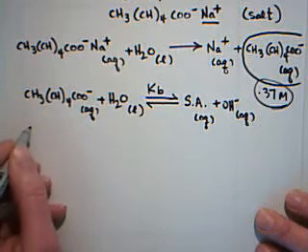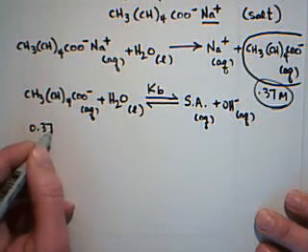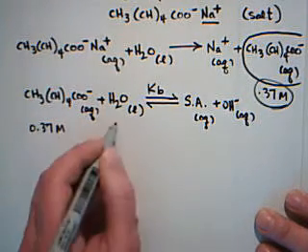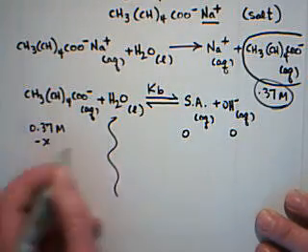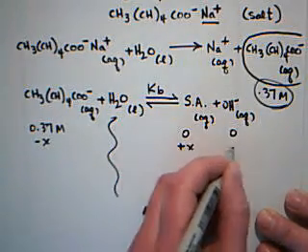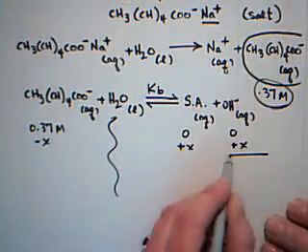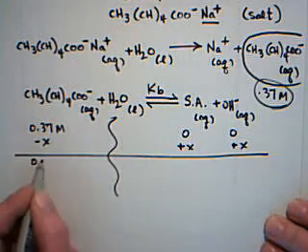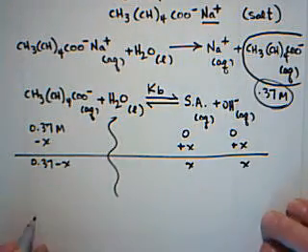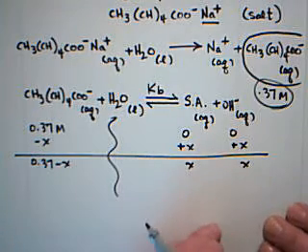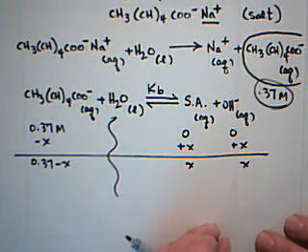Okay, so this initially is 0.37 molar. Water we don't care about. Initially none of this. Minus X plus X plus X. So at equilibrium, 0.37 minus X, X, and X. Do we have a K?